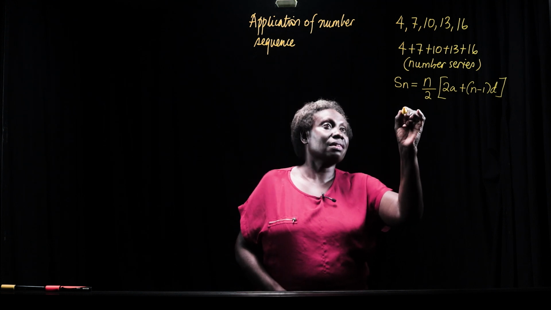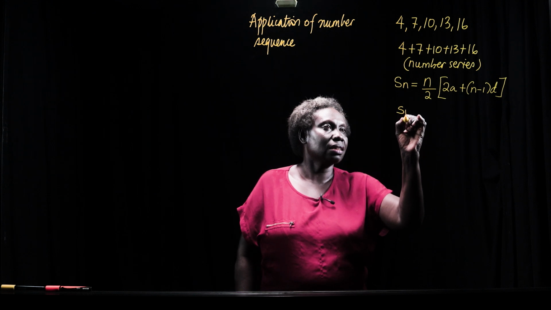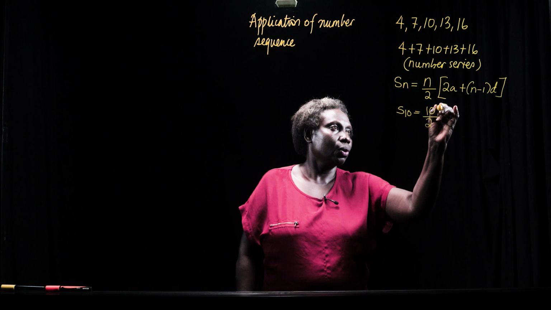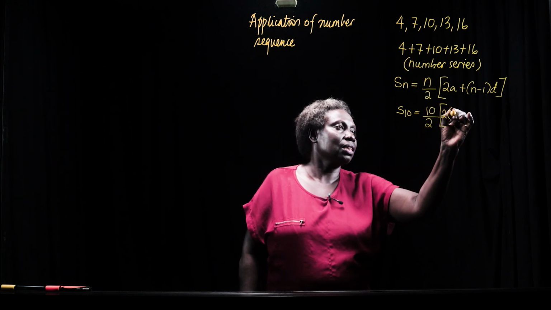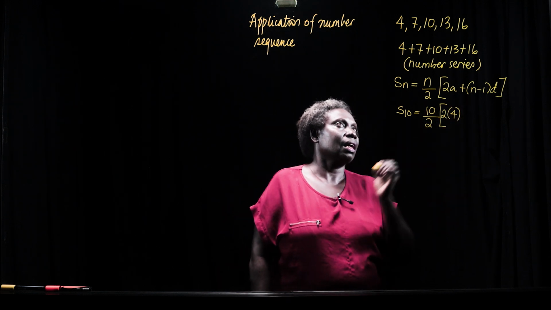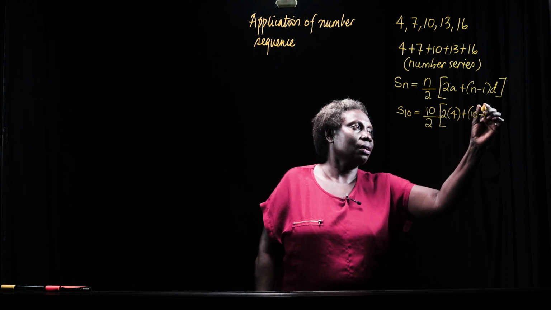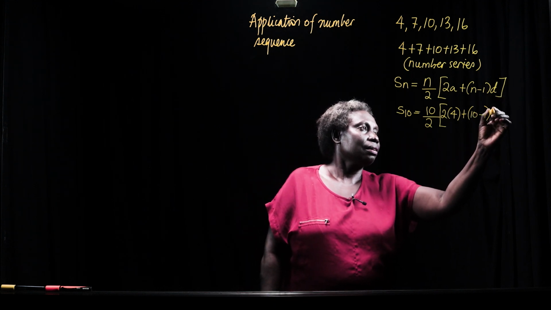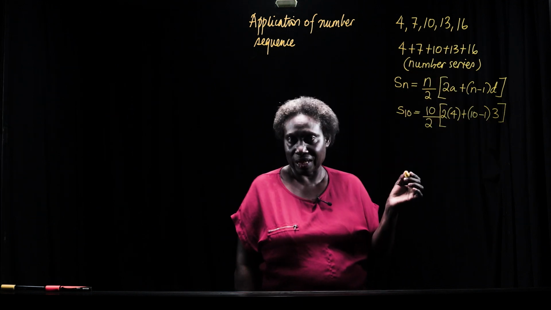So we have S10 is equal to 10 over 2 times 2 times 4, which is the first term, plus 10 minus 1. 10 is the number of terms, and 3 is the common difference of this number sequence here.